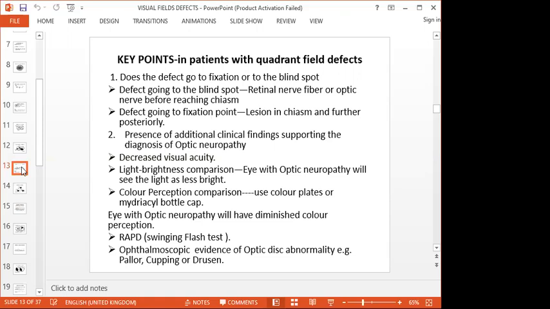If they are seeing the same, there is no optic neuropathy. Then color perception comparison: use color plates or the Midriasil bottle cap, the color cap.